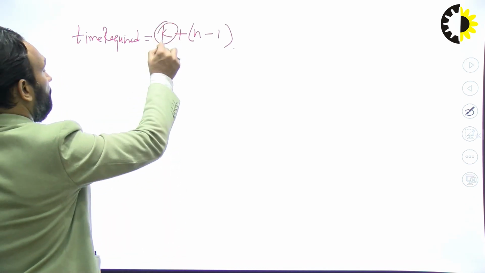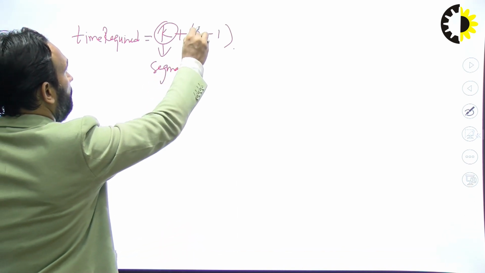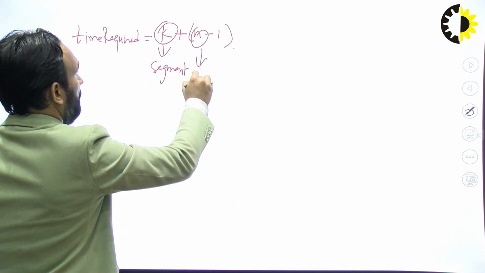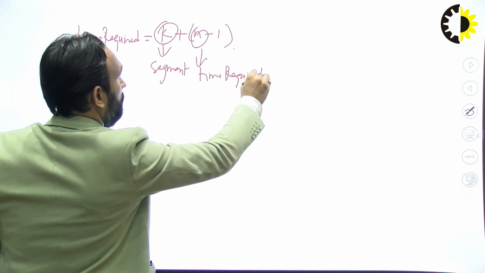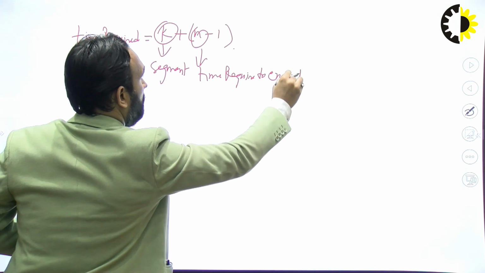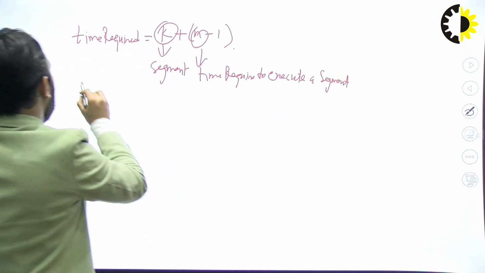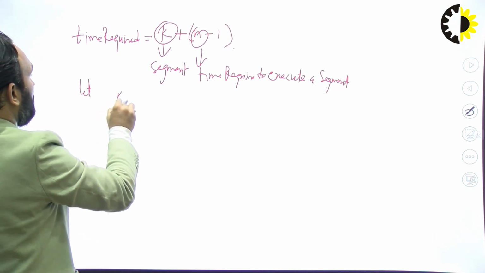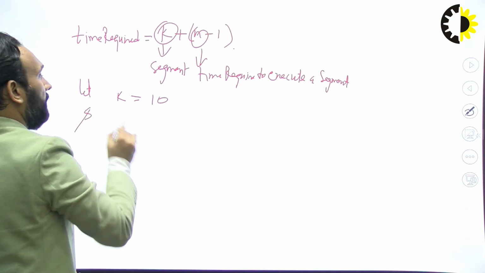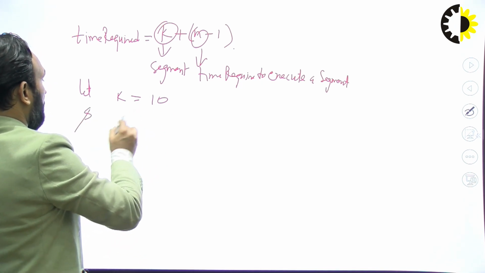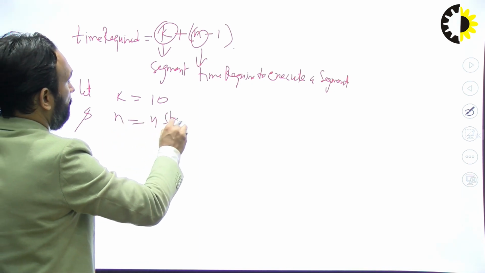Here K is the segment, and n is the time required to execute a segment. So let K be equal to 10, and each segment has 4 stages.